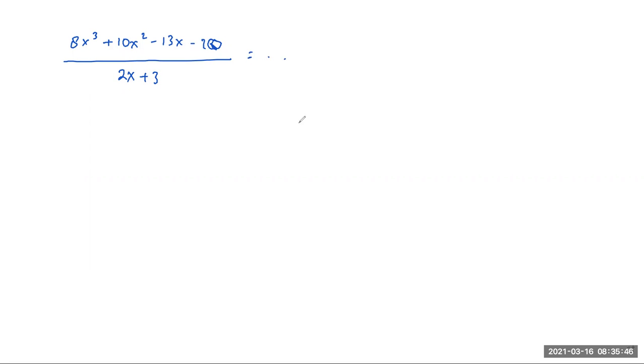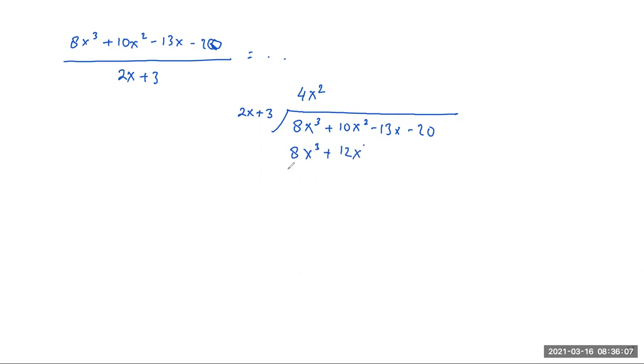First I put here all of the numerator's elements, and then I put here 2x plus 3. The first thing I need to multiply is 4x squared, right? So it is 8x cubed plus 12x squared. If I subtract, it becomes negative 2x squared minus 13x.